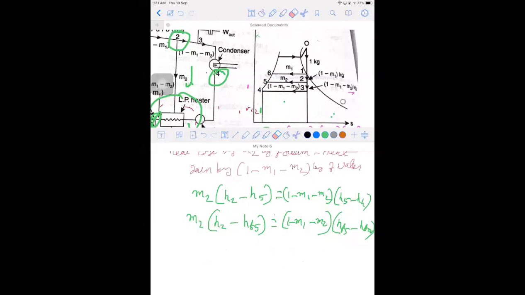So now let us rearrange this. Let us send all the terms of M2 onto the left side.